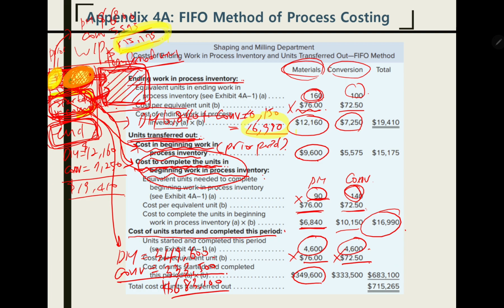And then the started and completed units here. They are the cost of units transferred out. Okay. And the ending inventory was already computed here.